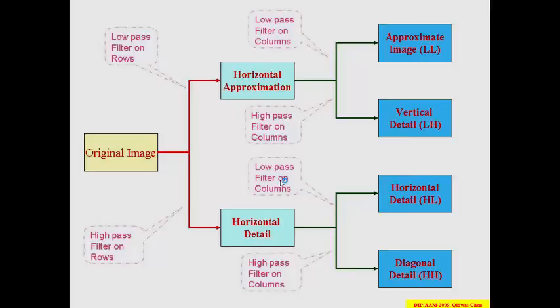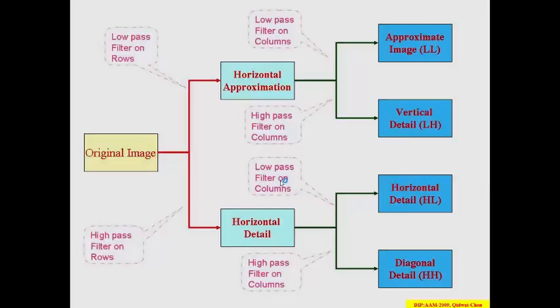The second block from the top on the right side of the slide is called vertical detail. It results from a low-pass filter applied on the rows, followed by a high-pass filter applied on the columns.